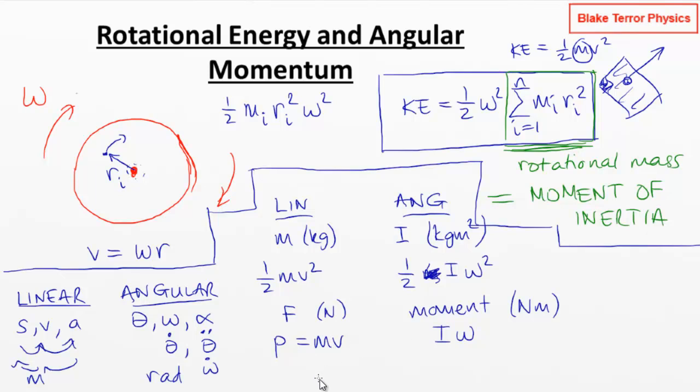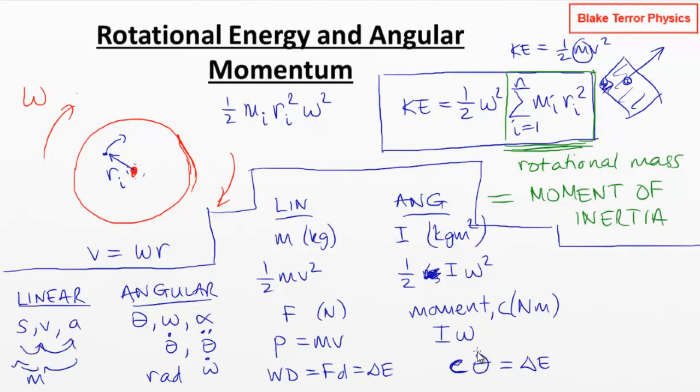And then for work done, the final thing: you think work done is force times distance, that's our change in energy. And then in angular motion, instead of force times distance, we've now got the moment, let's call that c, multiplied by theta instead of distance. So c times theta is our change in energy.